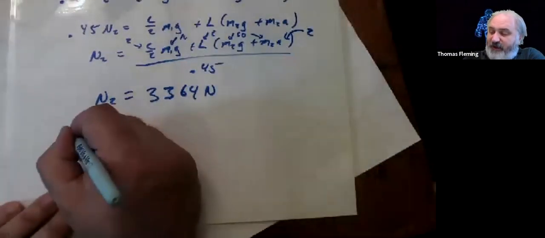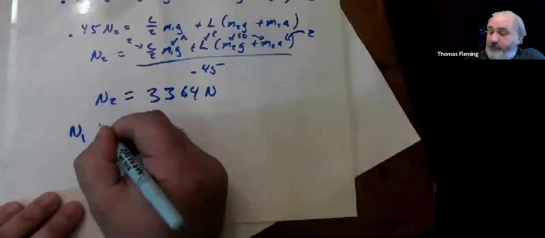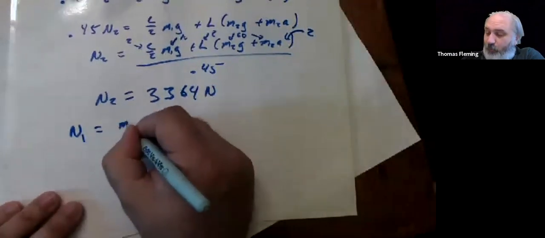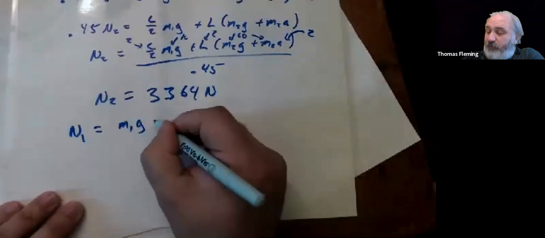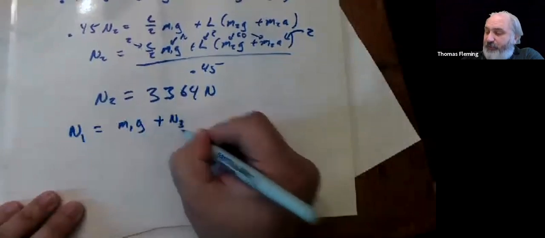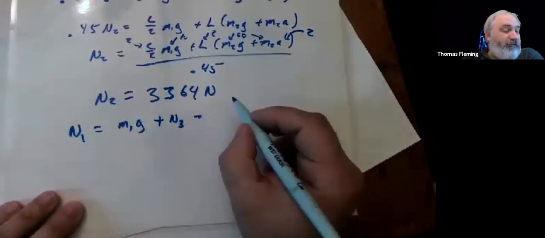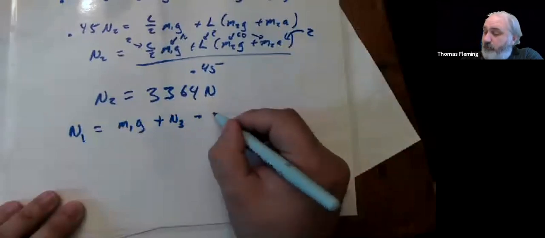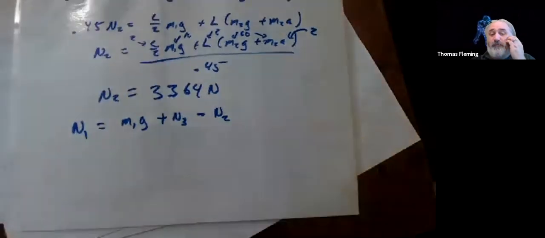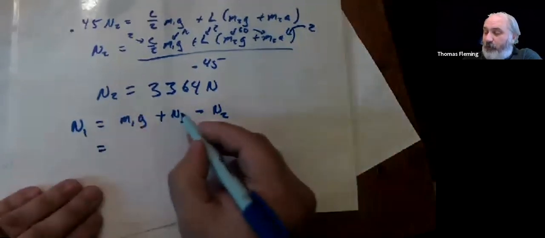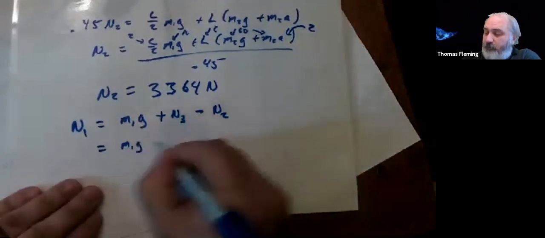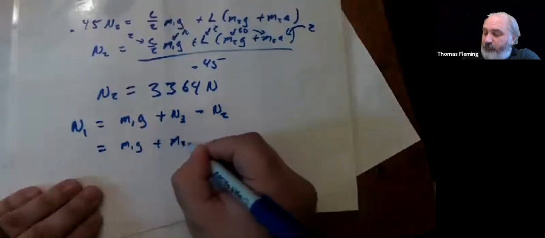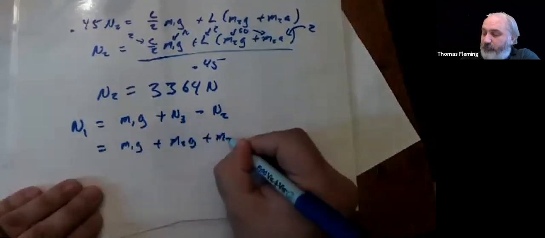So I'll have N1 is going to equal M1G plus N3 minus N2. And of course, remember N3 was M2G plus M2A.